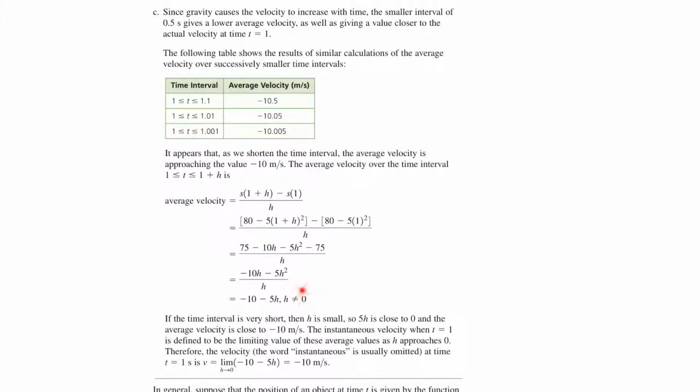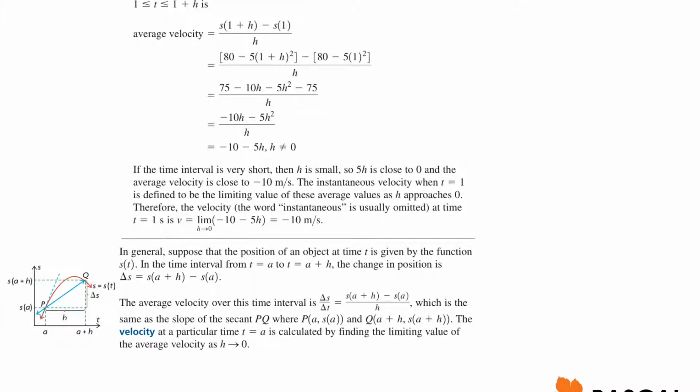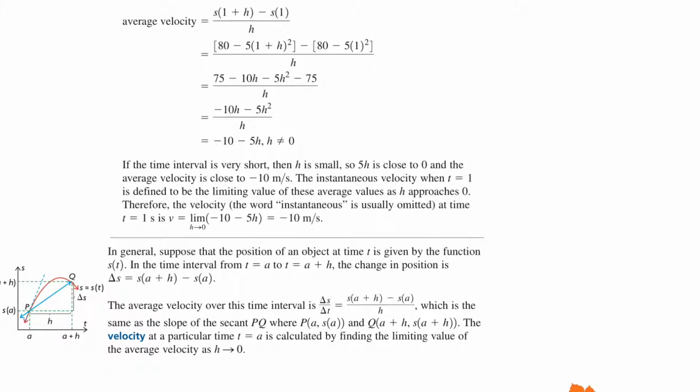We have an interval. h is the length of the interval. As h approaches 0, average velocity approaches negative 10, which is the same as instantaneous velocity.